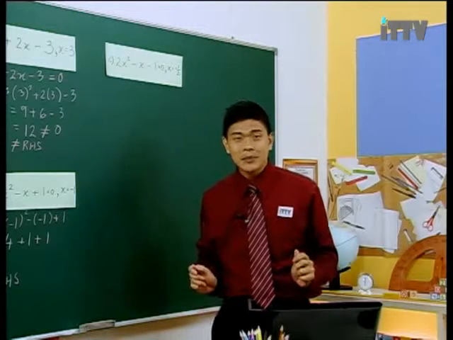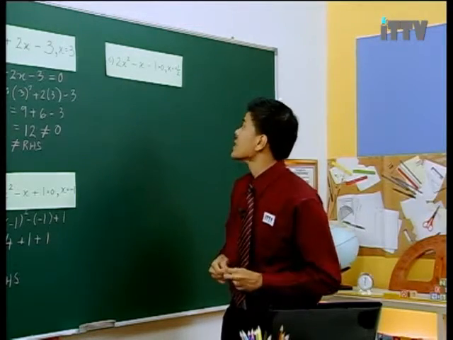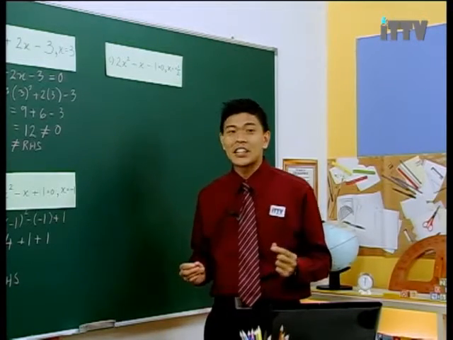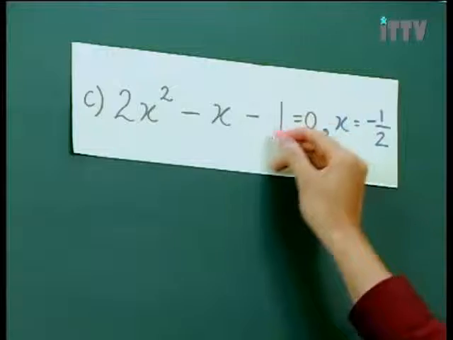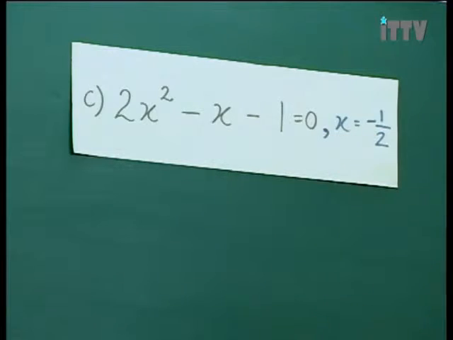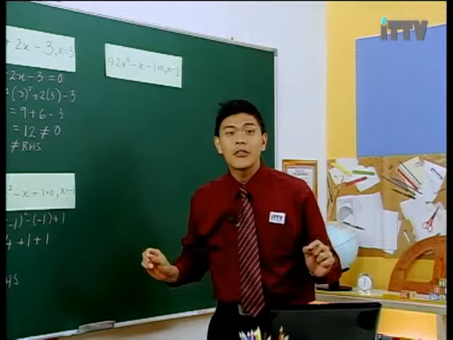You must substitute and test it out according to the 4-step method we have discussed earlier. Substitute the value. Does it or does it not satisfy the equation? This is the left hand side and the right hand side is 0. This has been made easy because this quadratic equation is already in the general form.